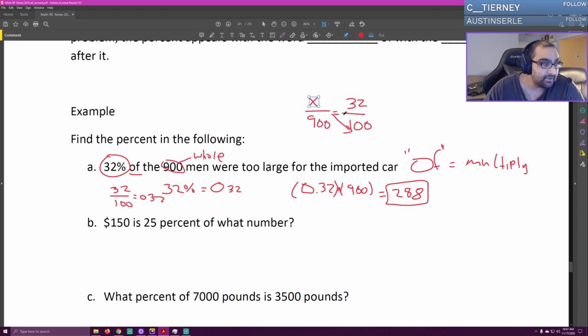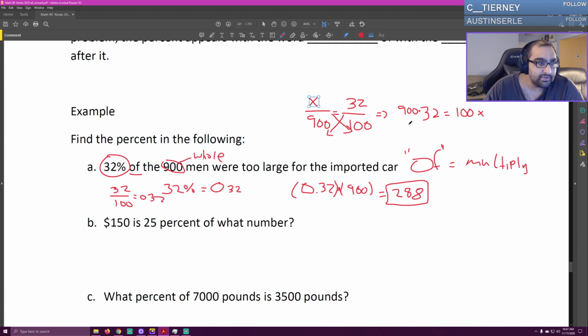So here I'm going to go ahead and cross multiply. On the left hand side, I'm going to get 900 times 32 equals 100 times x.